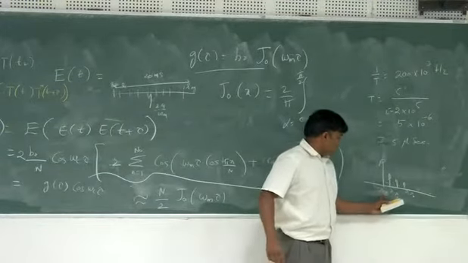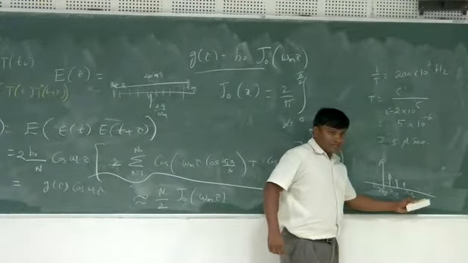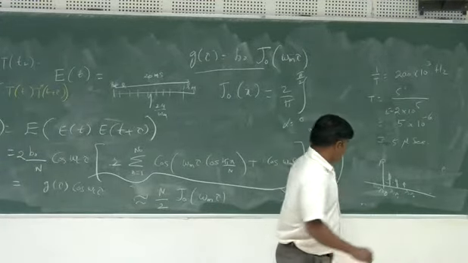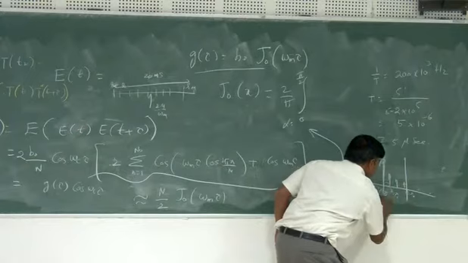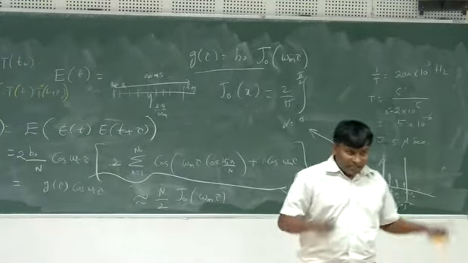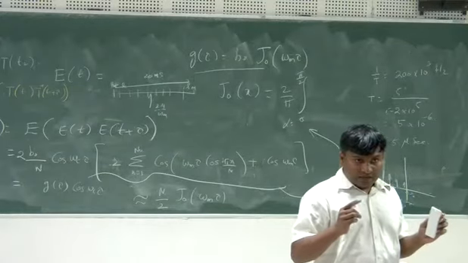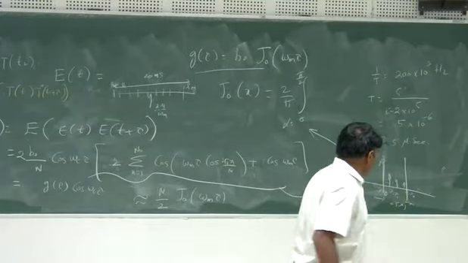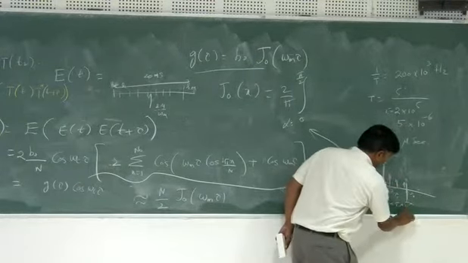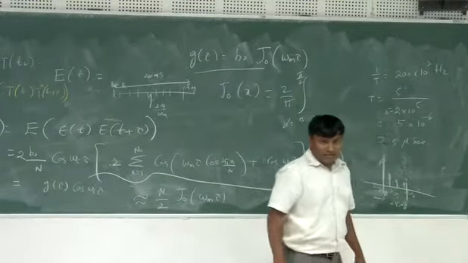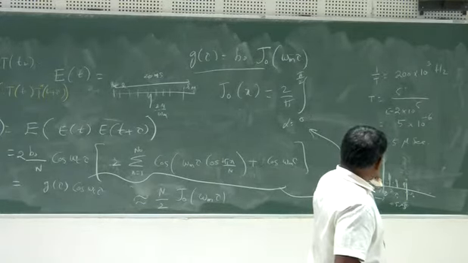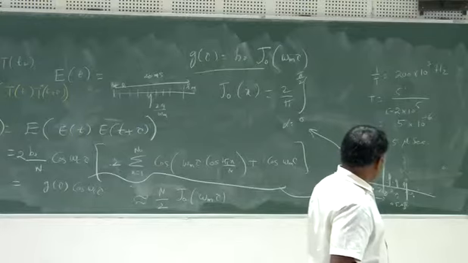Delay spread is the RMS value of this delay, but let us say the maximum is 0.5 microseconds. This 0.5, let's take it as delay spread. I mean the maximum, the last multipath component comes at 0.5 microsecond.